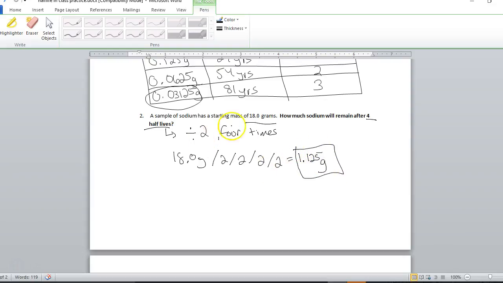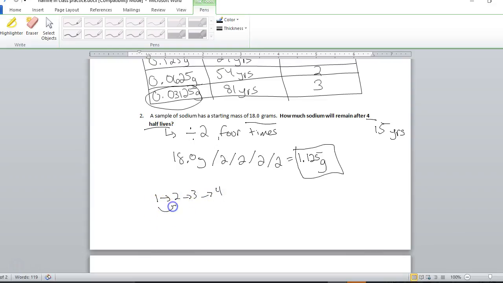And then if they wanted you to find a time, let's say again it said this happened every 15 years, well, we went through 4 half-lives. So after 1 half-life, 15 years, 2, 3.